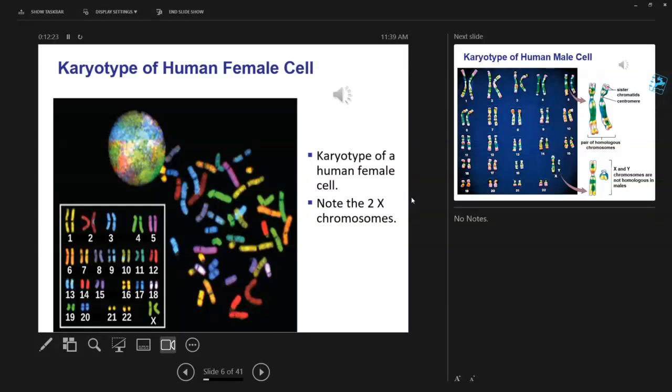That's called the locus. The location on the chromosome is called the locus of a chromosome. So they both have eye-colored genes in the same place, but they're not necessarily the same eye-colored gene. One could be for blue eyes, and the other could be for brown eyes, or they could both be for blue or both be for brown.